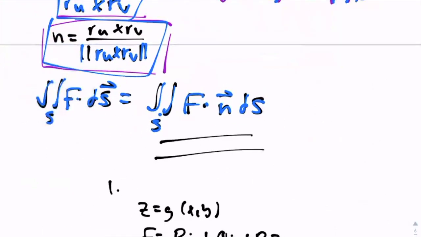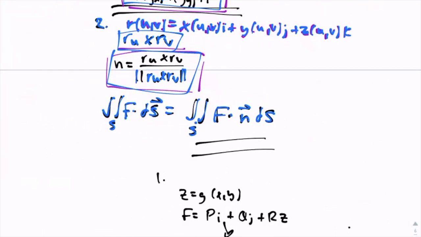And basically what this gives us is that for a vector field F with a unit normal vector n, the surface integral of F over the surface S is given by this equation. We can also just call this the flux of F across S. And so this should generally give us the equation for our vector surface integral.